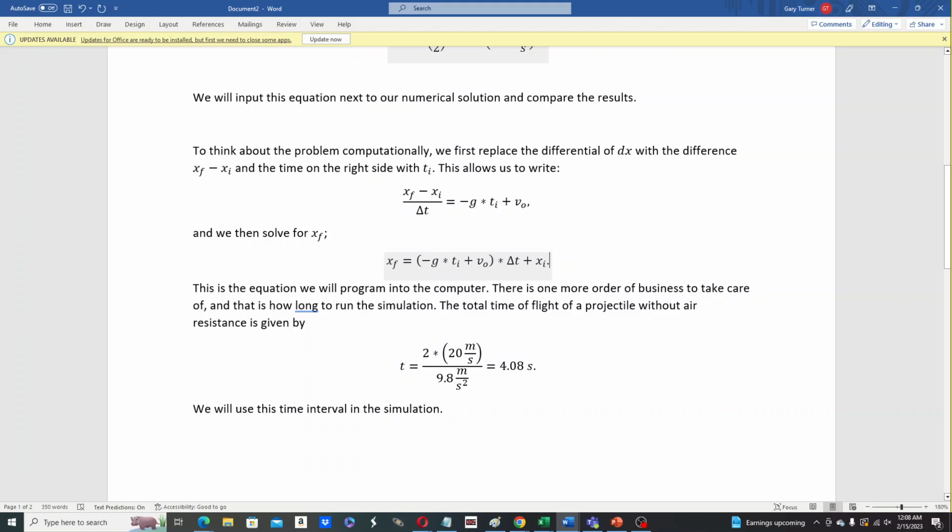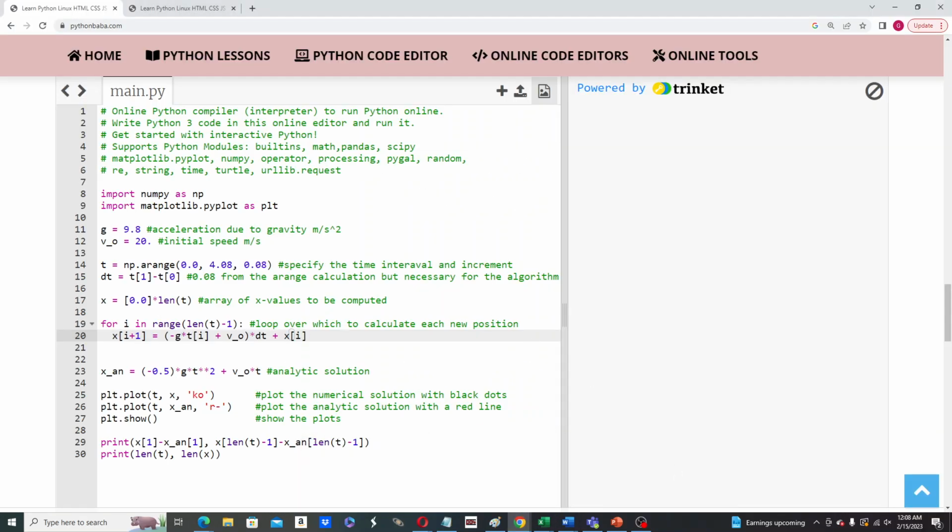And that will compute x1, or the x1 element. Then this becomes the x1 element, and this becomes the time 1 element, and that allows me to compute the x2 element. Okay.